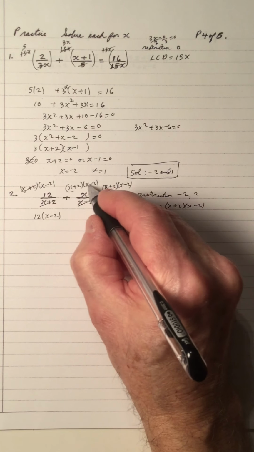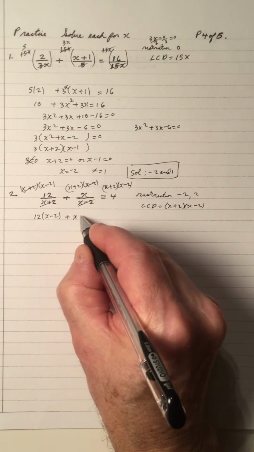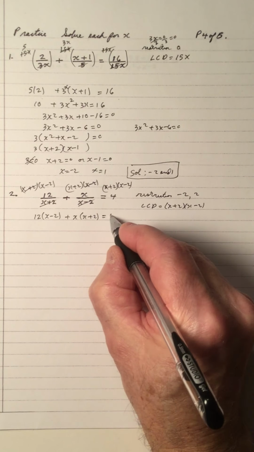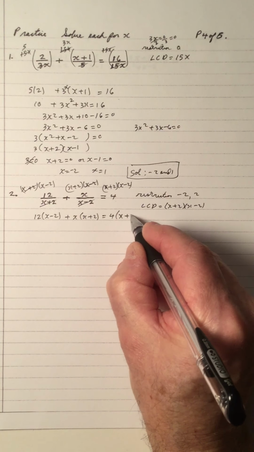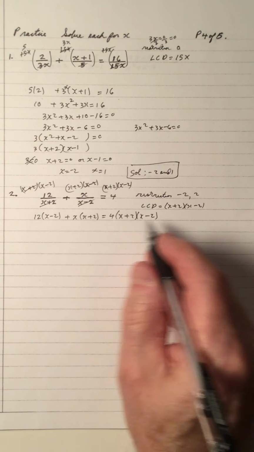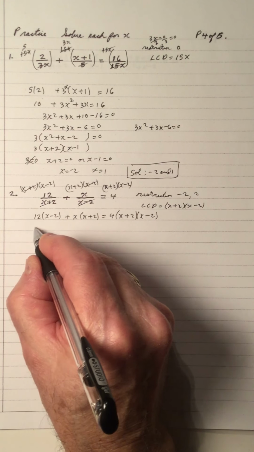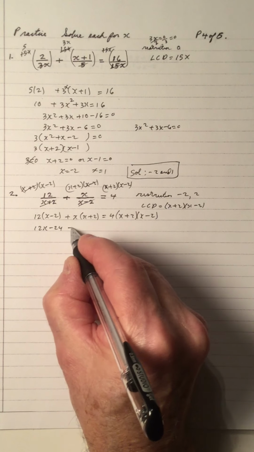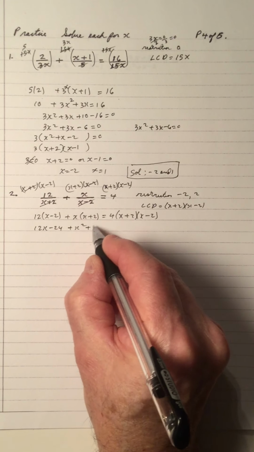We cancel x minus 2. We get an x times x plus 2. And there's no cancellation here, so we get 4 times x plus 2, x minus 2. Now we simplify each side. 12 times x, 12 times negative 2, x times x, x times 2.